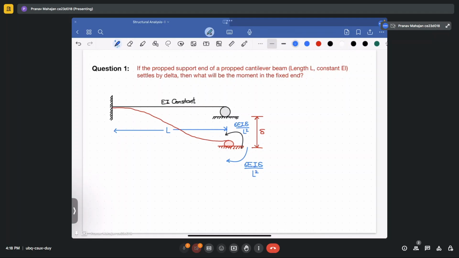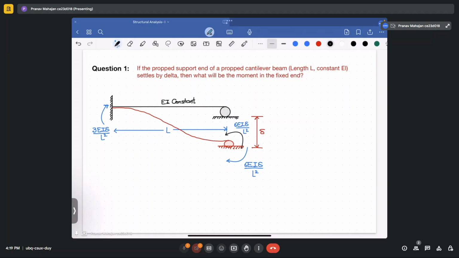And based upon that, what will be the moment that will be developed here? So here the carryover moment will be half of the moment that is developed in the support. It will be 3 EI delta upon L square.